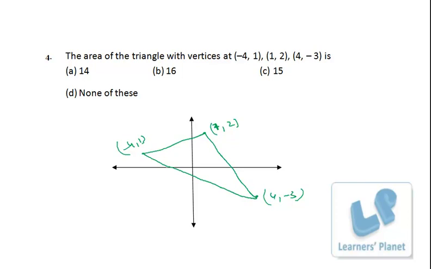Now you have two options. You should not draw the diagram and just try to find the area using the determinant method. The other way is you draw the triangle and then just see this.